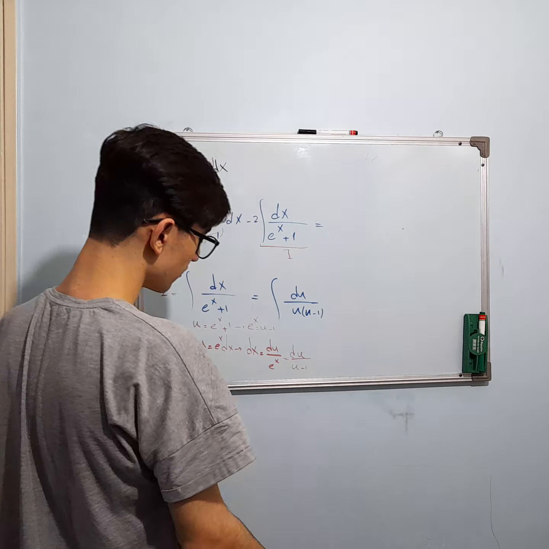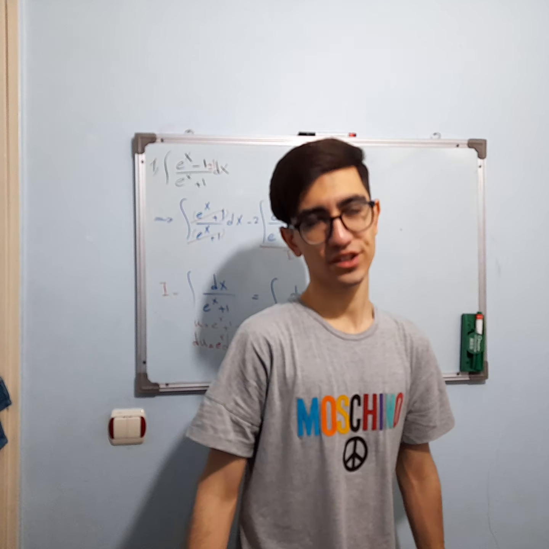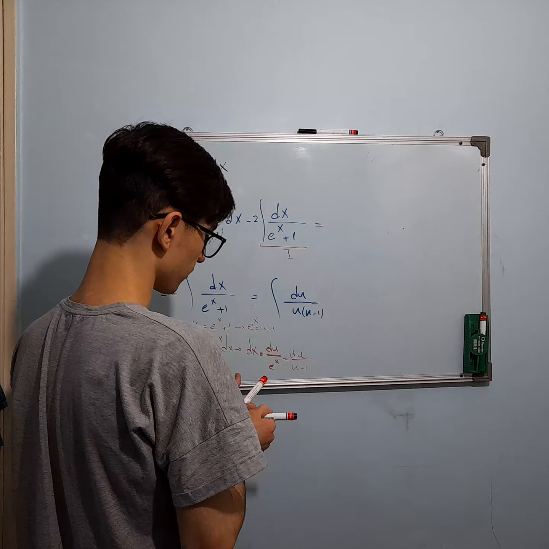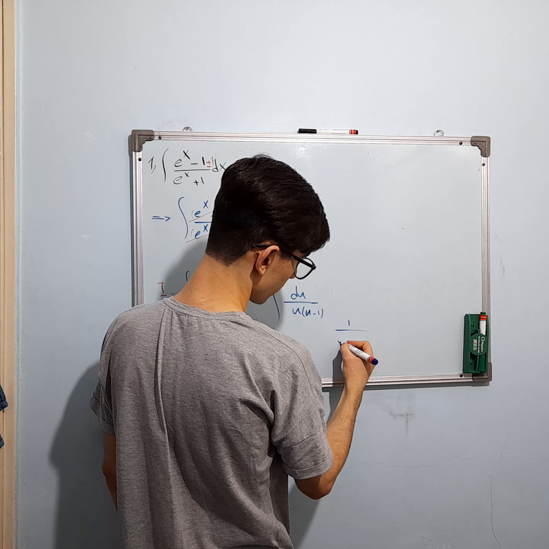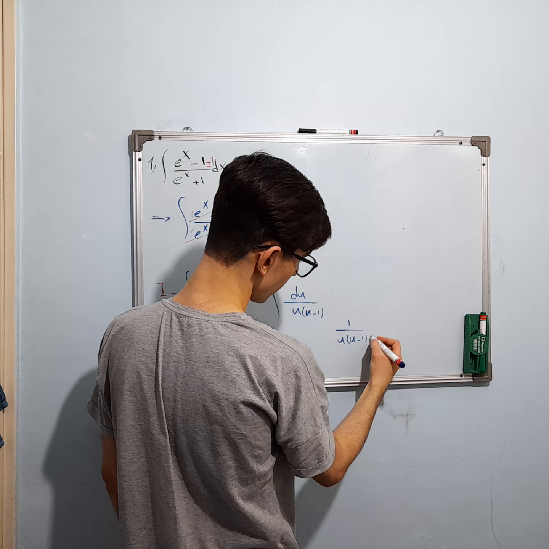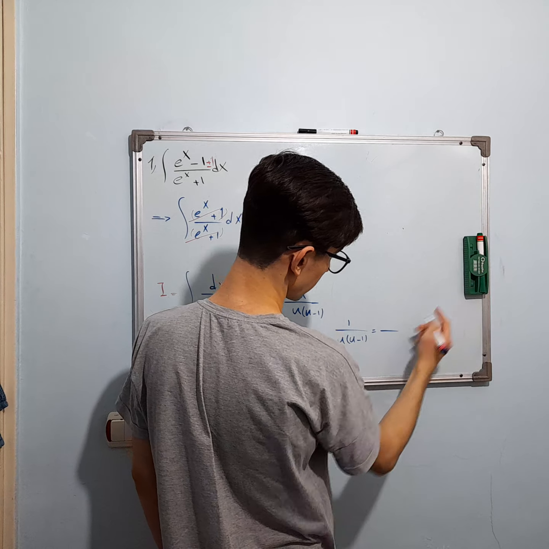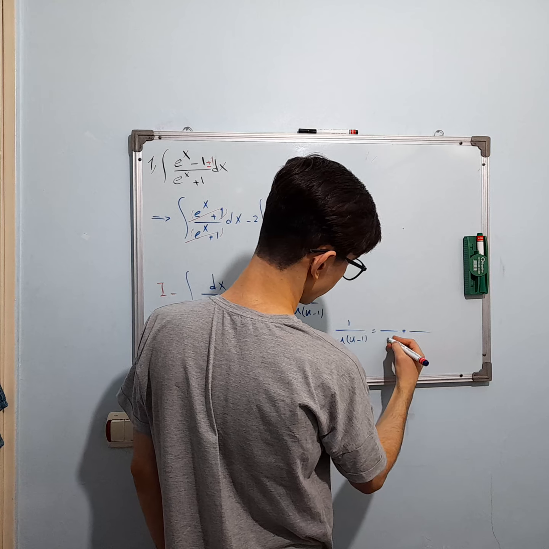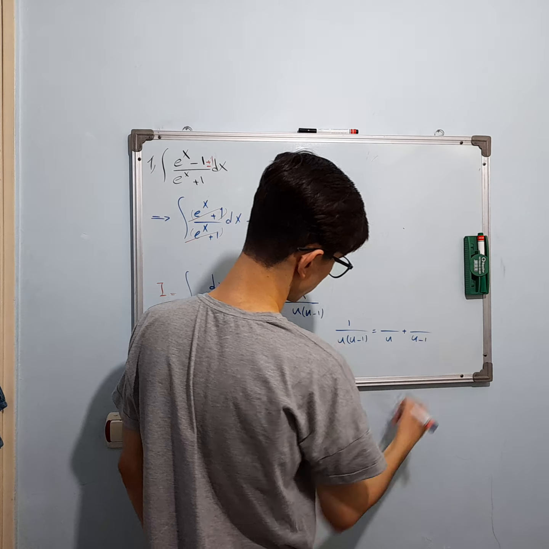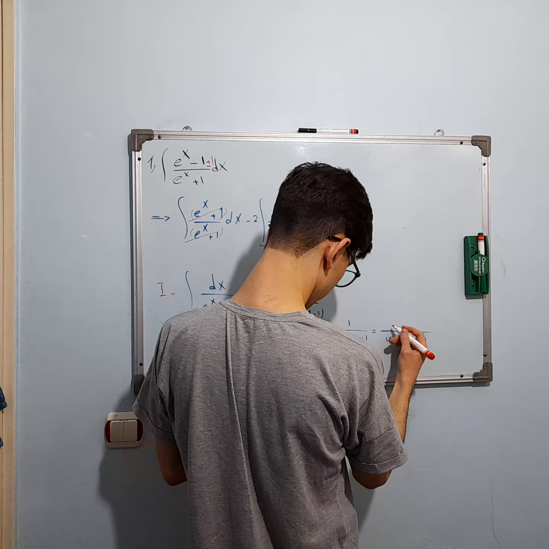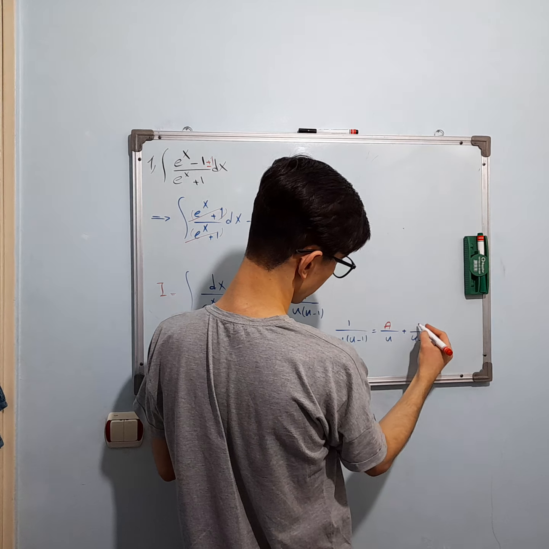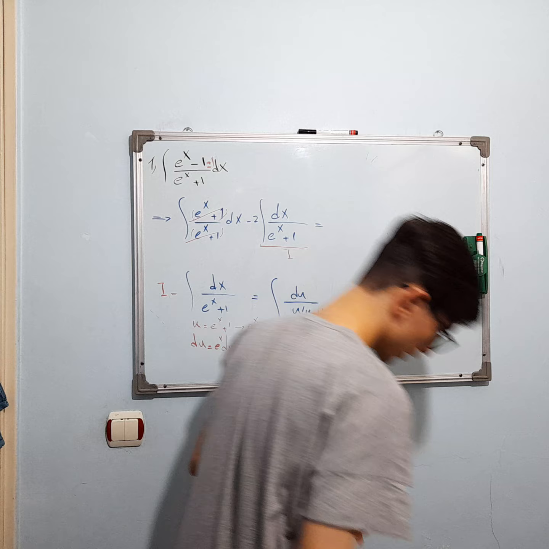To do it, we have to use partial fractions. How? Let me tell you. If you write it like this, 1 over u times u minus 1, we must write a letter here, like a, b, whatever you like.